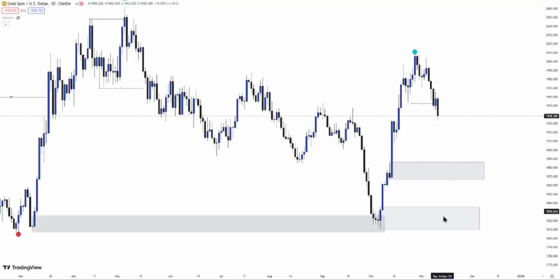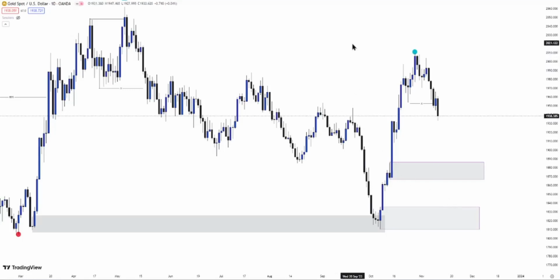So these are the two OBs we'll be looking at for price to come and tap into this one, and if it gives us any reaction to go higher, then we'll go higher. But if it fails and comes to tap into this one, then we will go higher. But remember, this is your decisional OB. This serves as a decisional OB, and this serves as your extreme OB on the daily time frame.